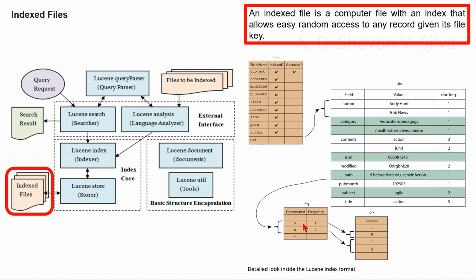JUnit in Action, Second Edition has the value JUnit twice, provided once by the title field and once by the subject field in this example. Our contents field is the aggregation of title, subject and author. The frequency of a term in a document factors into score calculations and typically boosts a document's relevance for higher frequencies.